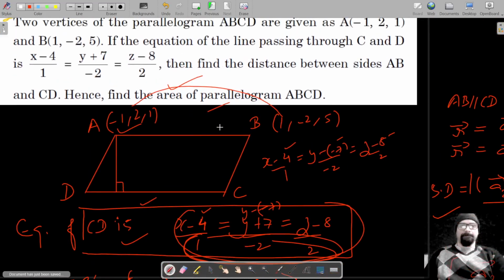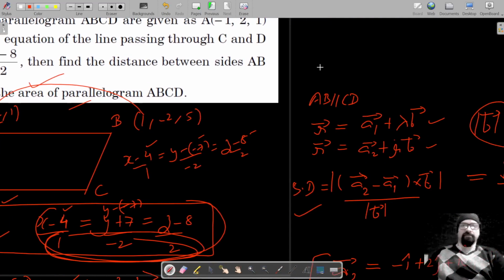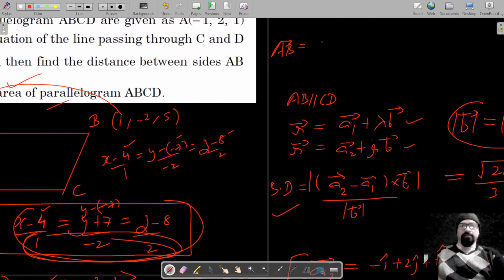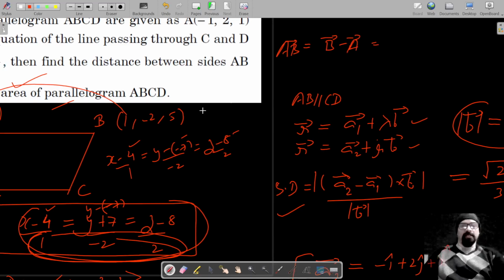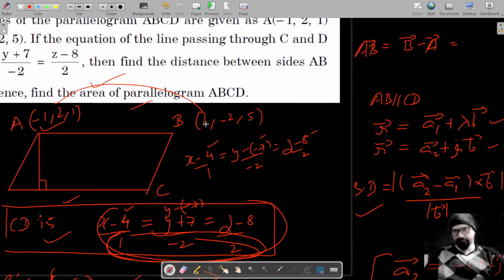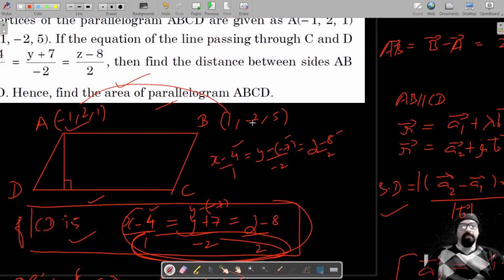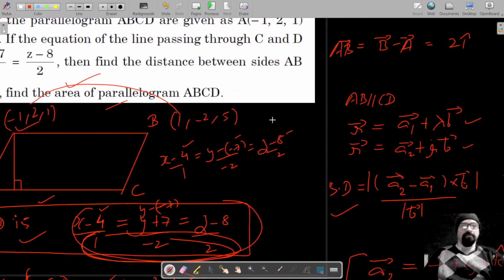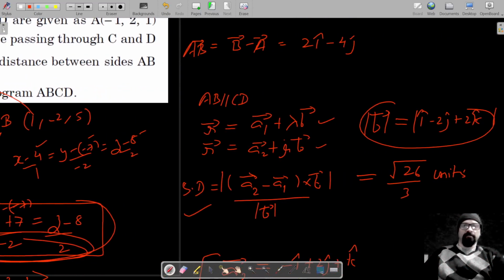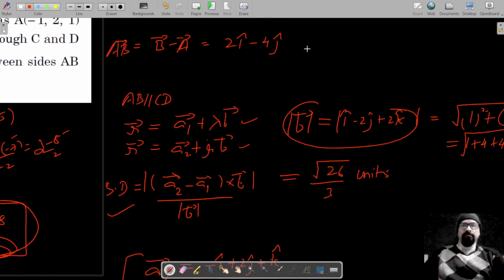First of all, let's find out the AB vector. So the AB vector is the position vector of B minus A vector. 1 minus minus 1 is 2, so this is 2 i cap, and minus 2 is minus 4 j cap. 5 minus 1 is 4 k cap.